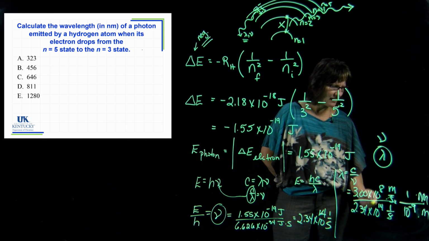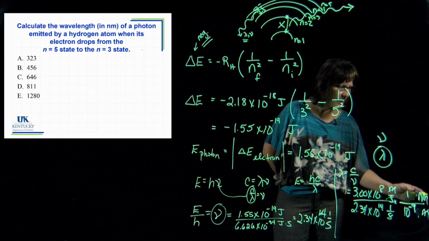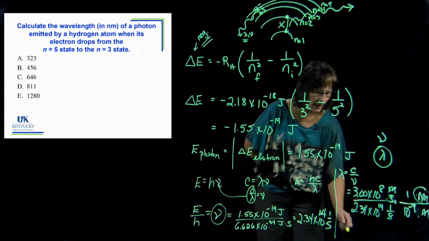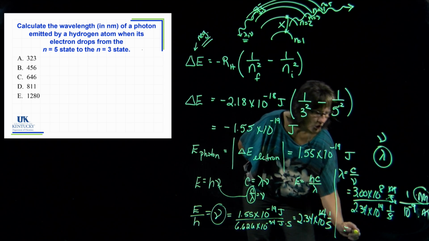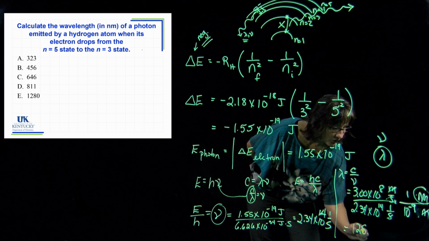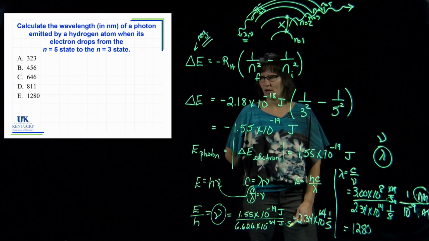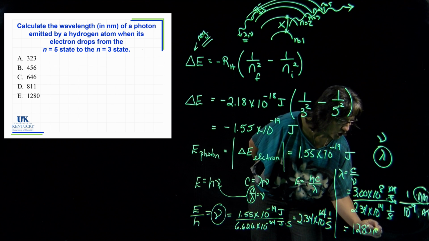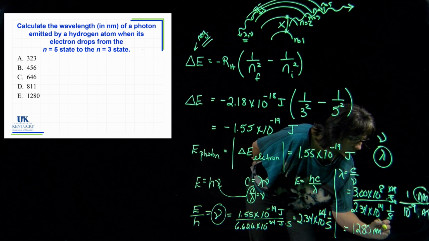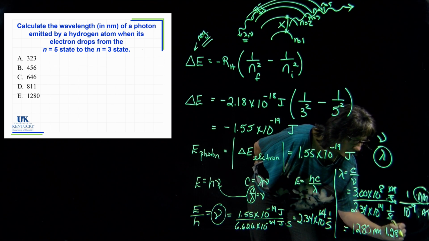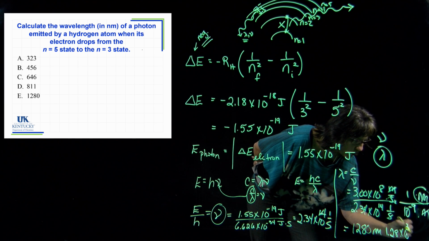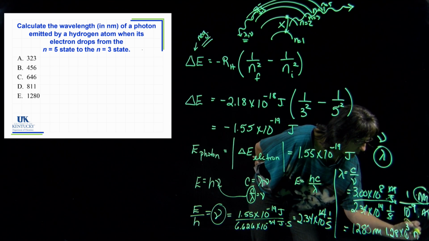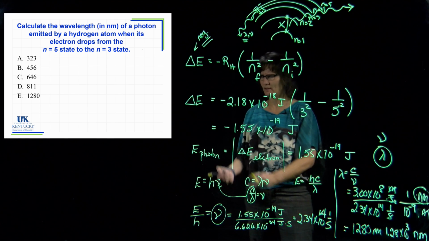Let's make sure everything's canceling well. The meters are going away, the nanometers are remaining behind. And that is where the number to 3 significant figures, and that's why I've got a 0 there at the end, is nanometers. You might have chosen to write it as 1.28 times 10 to the 3rd nanometers. All right, that fits in there, doesn't it?